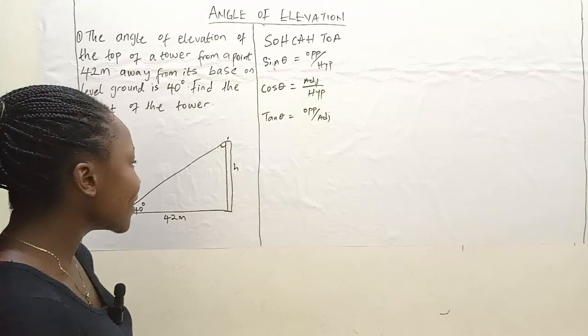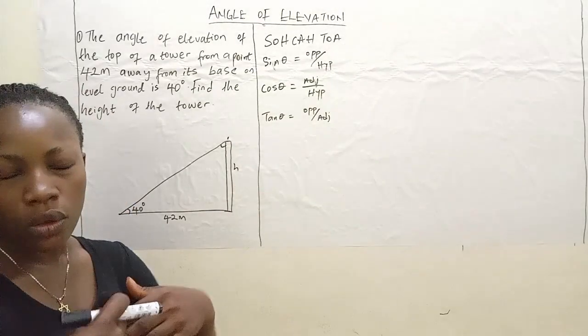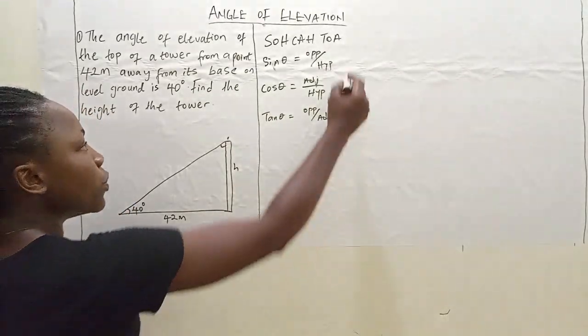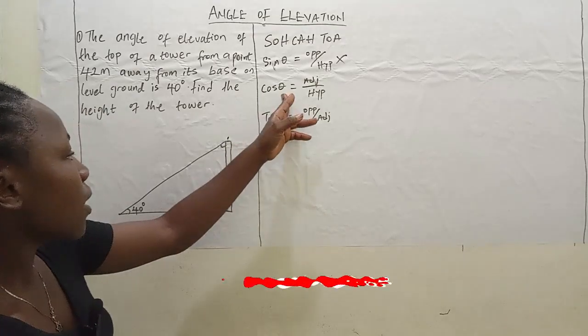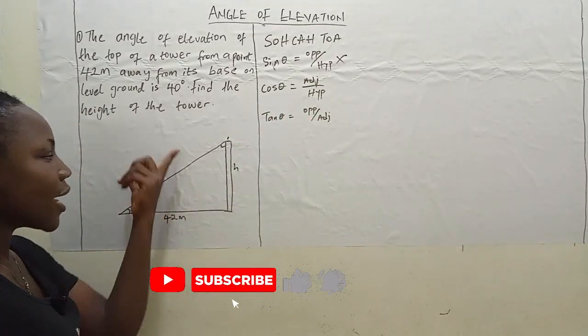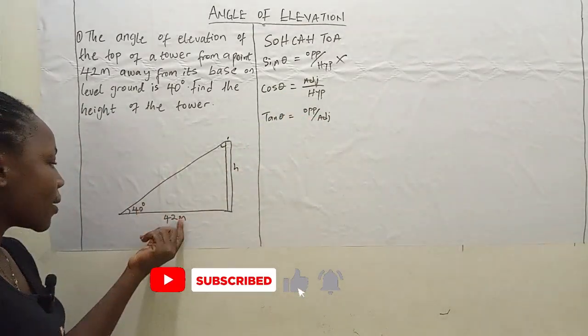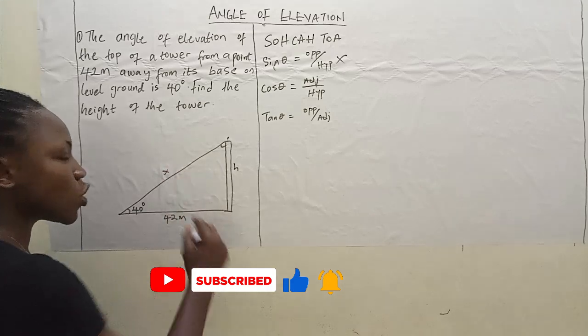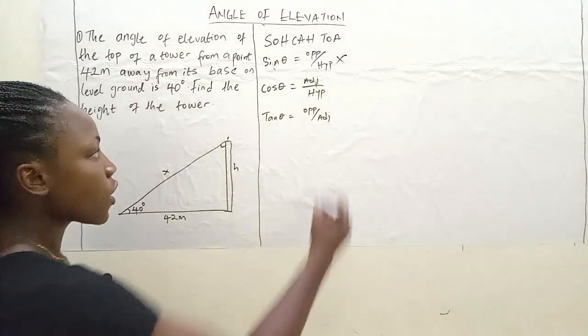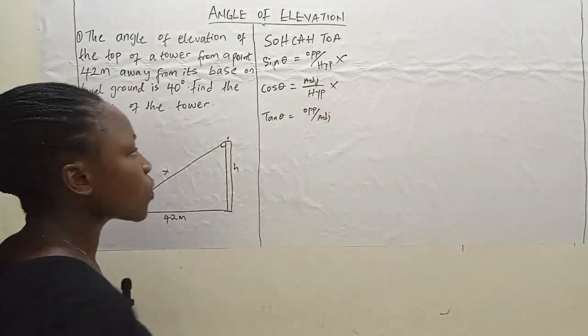And you cannot find an unknown using an unknown. So this one cannot be used. So let's look at cos. Cos theta equals adjacent over hypotenuse. Our adjacent is known, while our hypotenuse is not what we are asked to find. So we are ruling out this one.